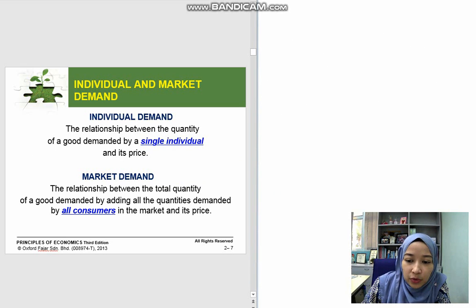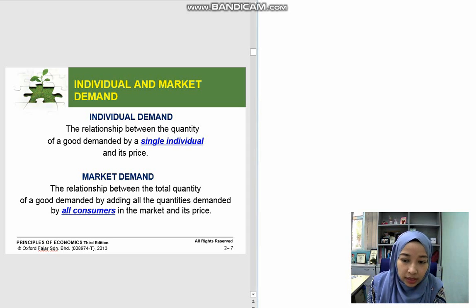Alright, so now let's proceed to the next part of this topic, which is on individual demand and market demand. So what is the difference between individual and market demand? Individual demand comes from one individual in the market. Meanwhile, market demand shows the total demand in the market.